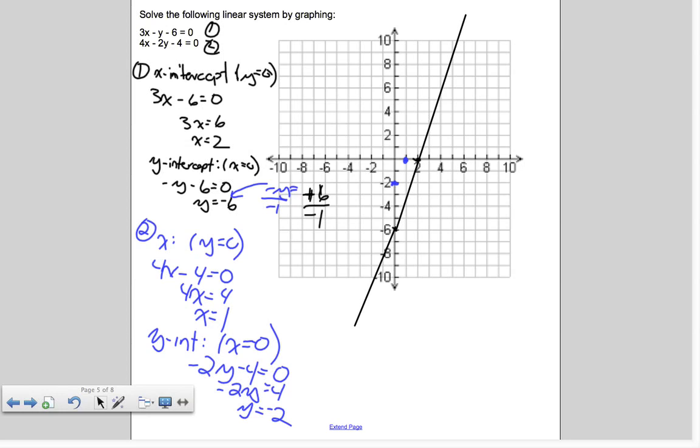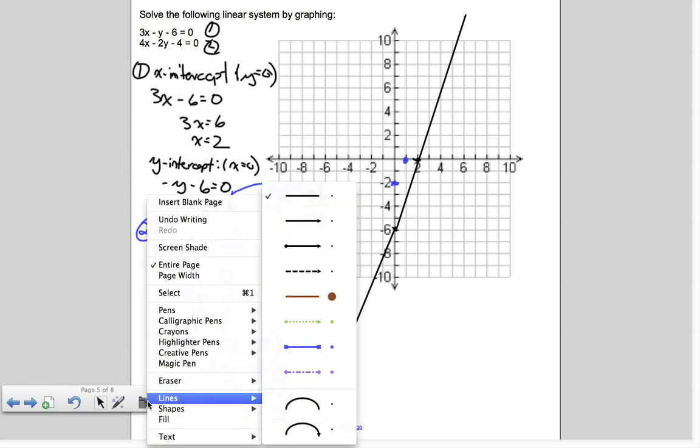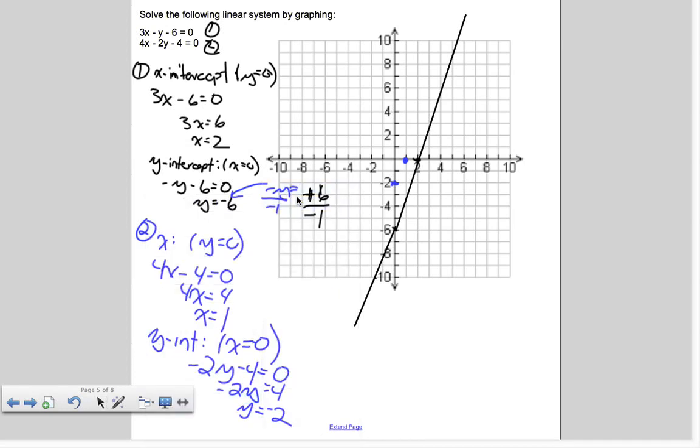This is why it's important that you have a straight edge. So you draw your straight lines, and you can see exactly where they will cross. You can never cross more than once.